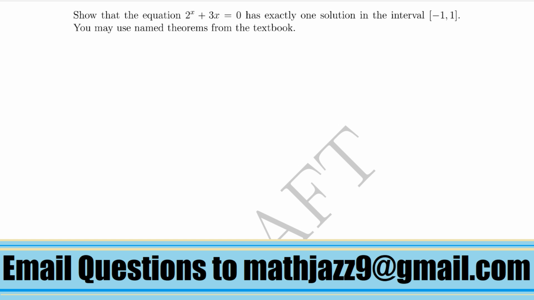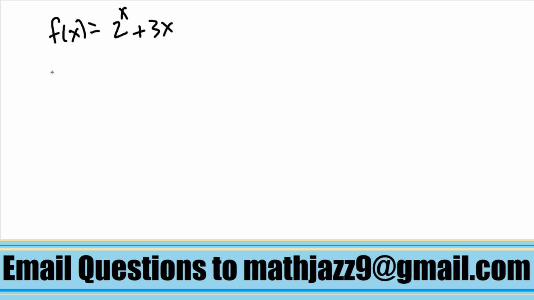First thing that we're going to do is define a function f of x equals 2 to the x plus 3x. This function is an exponential plus a polynomial, so it's continuous everywhere and differentiable everywhere. So the conditions of the intermediate value theorem and the mean value theorem are both attained.